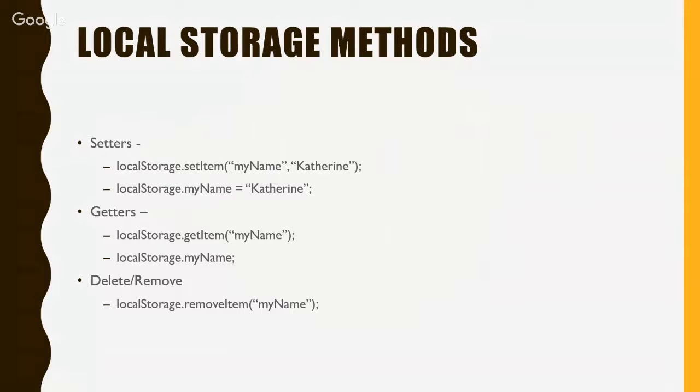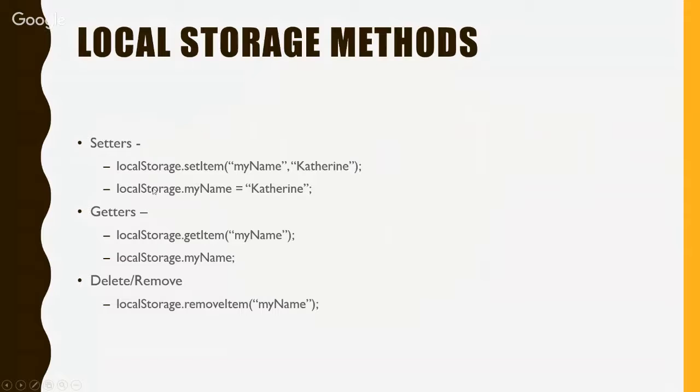So how to tell the browser you want to store something is you can do that with getters and setters. So you'll just use localStorage, and then you can use the local storage method setItem, pass it a key first and then the value, because it's stored in a key-value pair.